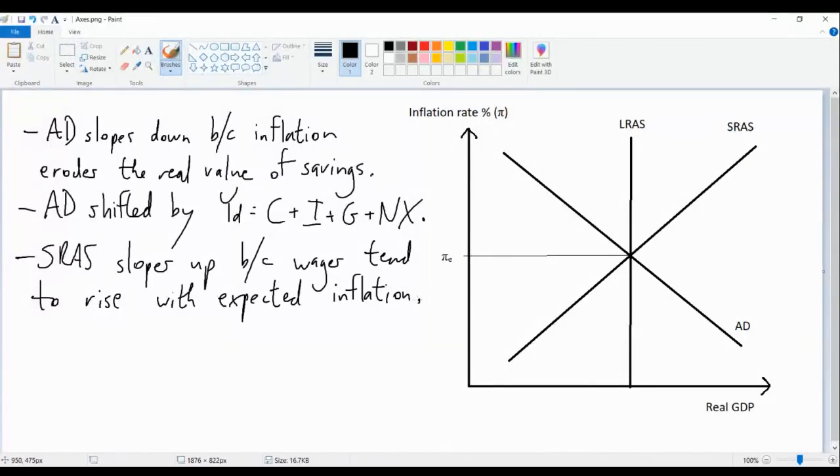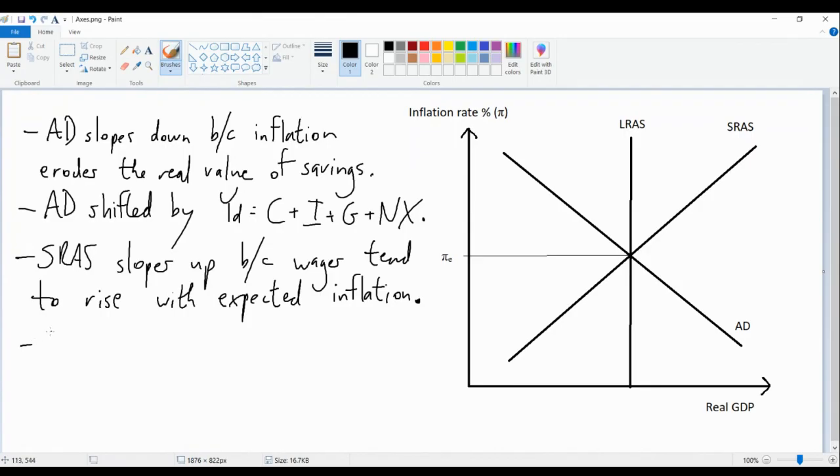And therefore, any inflation above or below that means that real wages, i.e. wages in terms of goods and services, end up different from what was expected. So higher inflation than expected means low wages compared to all other prices, which encourages production. And that accounts for this slope here.